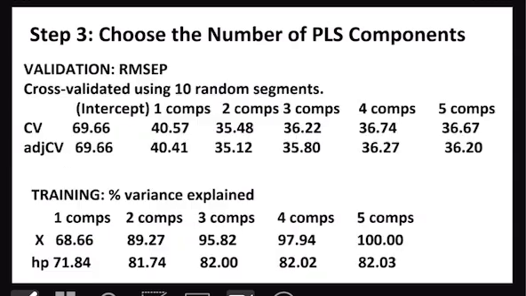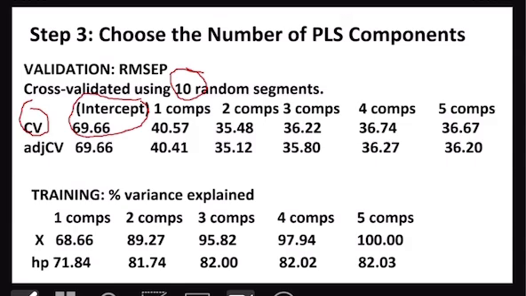If you take a look at what I have here, please pay attention. I'm showing a result that comes out using the partial least square regression. Now, I've conducted cross-validation using 10 random segments, and this is without any principal components.